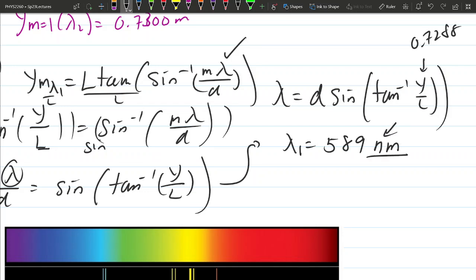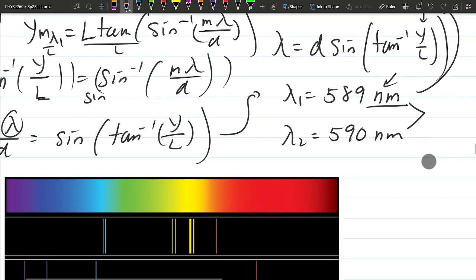So that's a reasonable wavelength of light. If we plug in 7300 here instead, let's see what wavelength we get. Then lambda 2 is actually 590 nanometers.